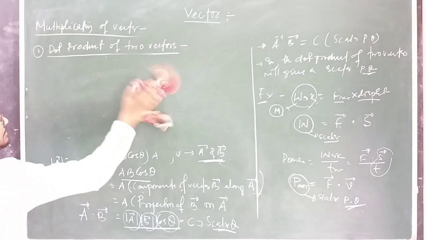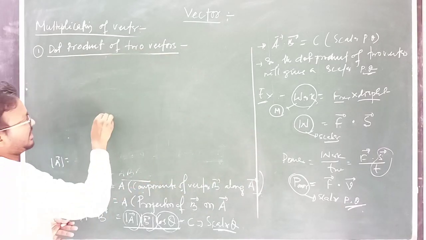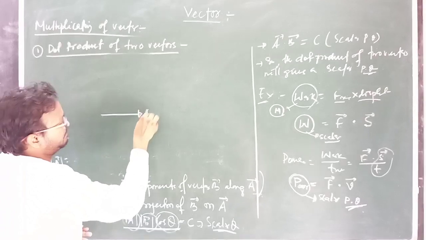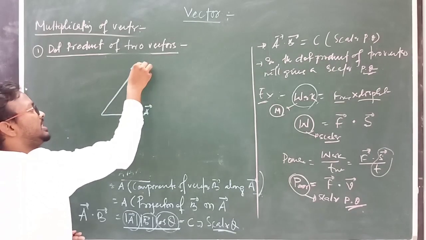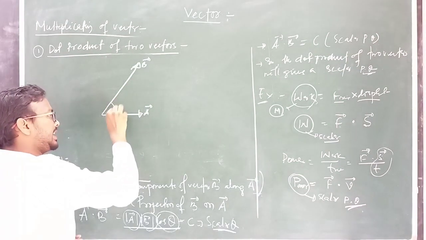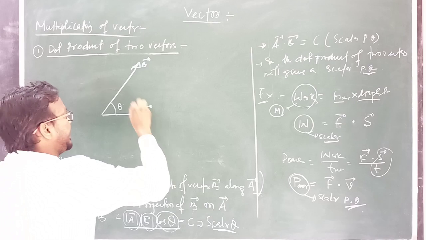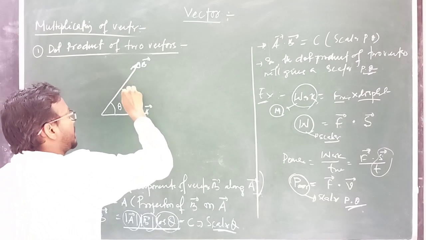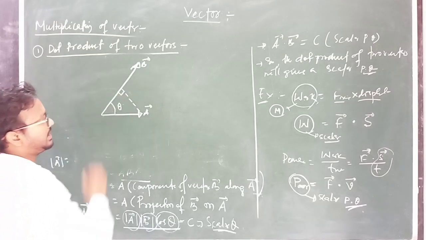If I want to write in another format, suppose this is vector A, and there is another vector, suppose this is B vector, and they make an angle, this angle is theta. Now draw a perpendicular from point A on the vector B, and this is the perpendicular.